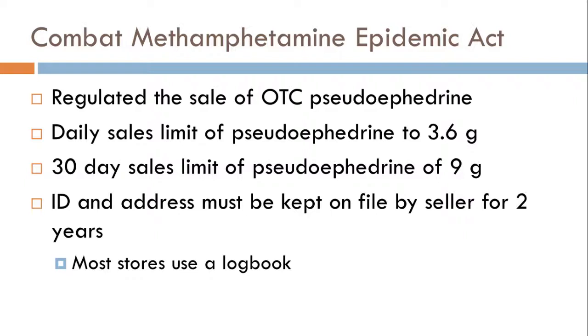If you're in an institutional pharmacy like a hospital, you're not really going to have to deal with this. But in a retail pharmacy, this is going to be dealt with commonly, that you sell Sudafed and you have to get the proper documentation, an ID and an address. Most stores use an electronic logbook. Back a few years ago, a handwritten logbook was not too uncommon though.